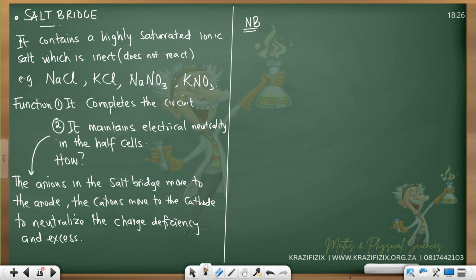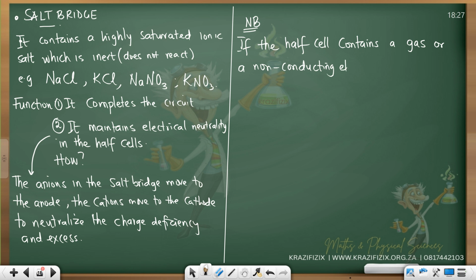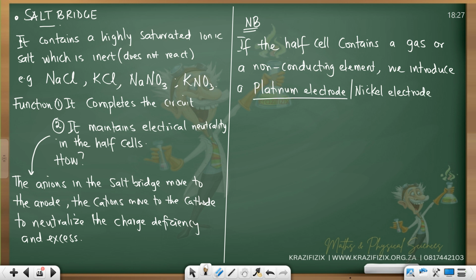NB: if the half cell contains a gas or a non-conducting element, we introduce a platinum electrode or a nickel electrode, but usually we stick to platinum mostly, so I'm going to underline that.